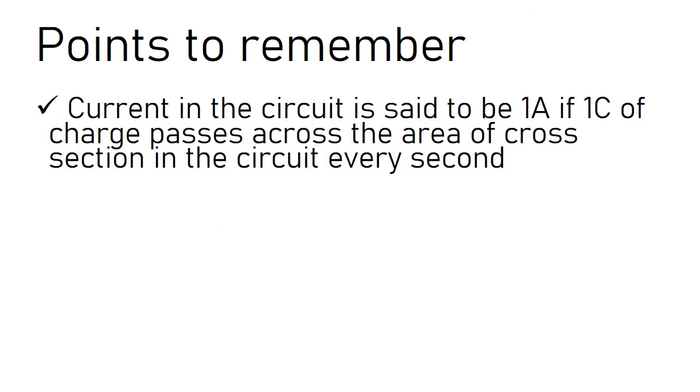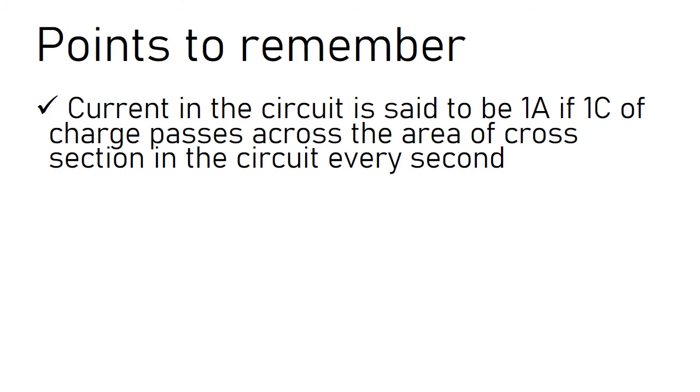Now we'll see the main points you have learned today. Current in the circuit is said to be 1 ampere if 1 coulomb of charge passes across the area of cross section in the circuit every second. Did you understand that?